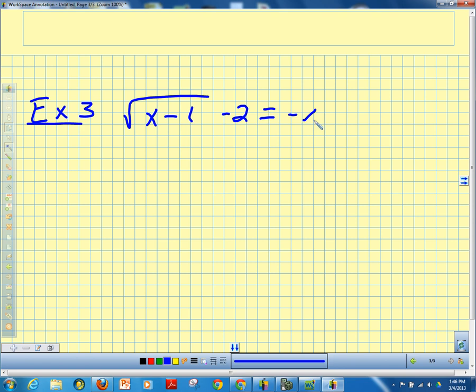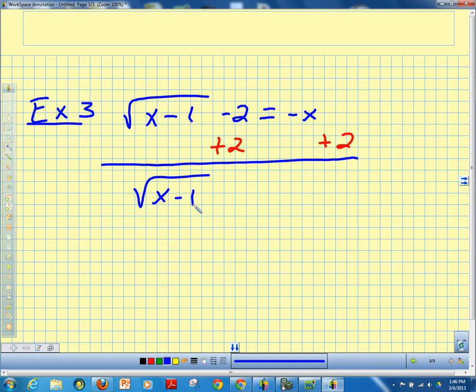Okay, so I have to get the square root by itself, so I have to do what, George? Put the 2 on the other side and then you can square both sides. Okay, focus. So I get square root of x minus 1 equals negative x plus 2.